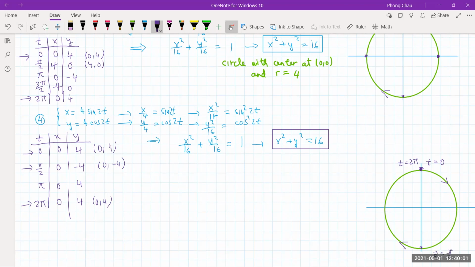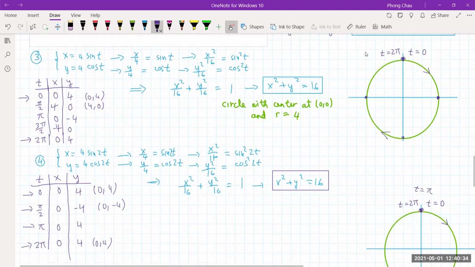When t equals pi, we are back to the point 0, 4. So when t equals 0, we are at this point, when t equals pi half, we are there, and at pi we are back at the original point already.